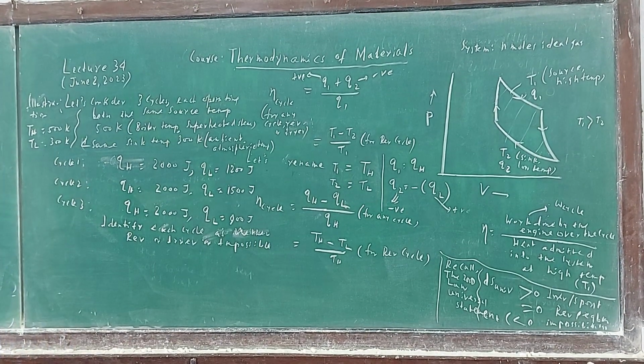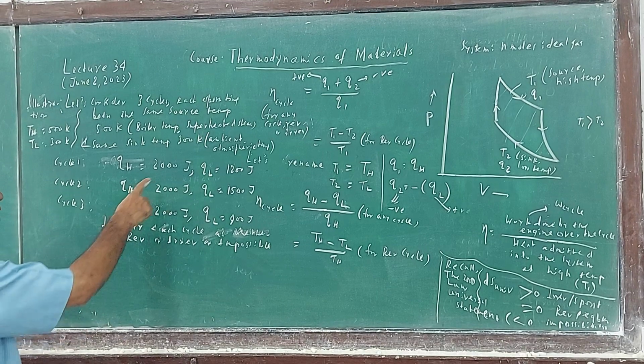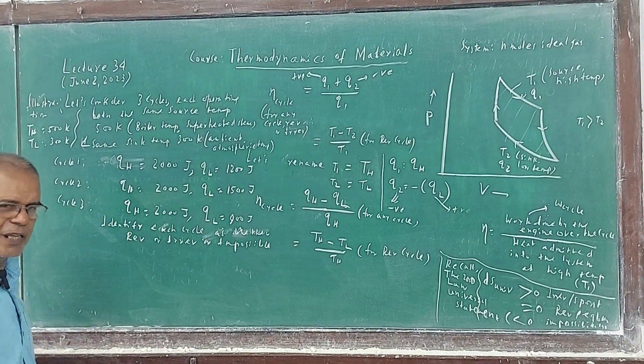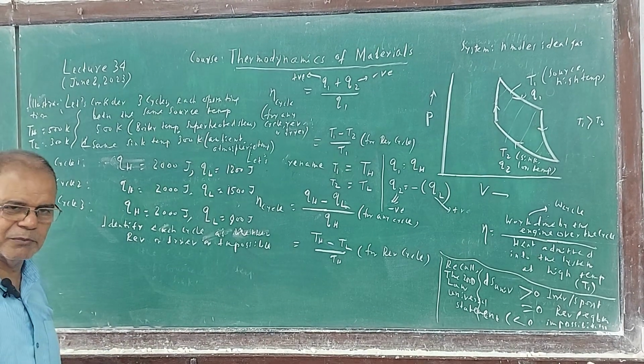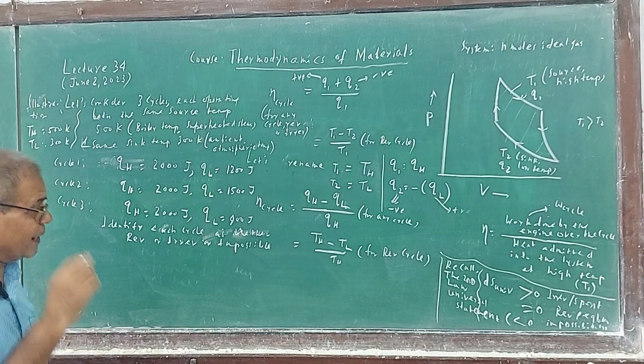Because someone extravagantly says, my engine is very efficient, only 900 rejection. The second is moderate, 1200, and the third is pretty ordinary, 1500. Let us see which is which.